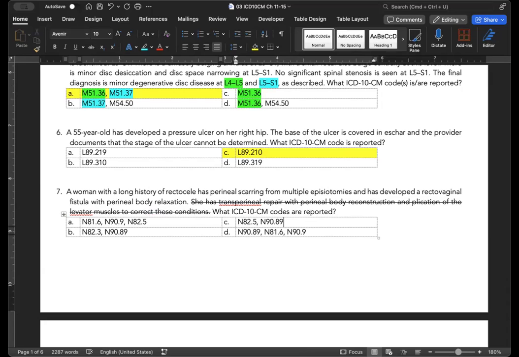So N82.5 is going to be the female genital tract to skin fistula. N81.6 is a rectocele or the posterior vaginal wall, whereas your N82.5 is going to be the genital tract to the skin.